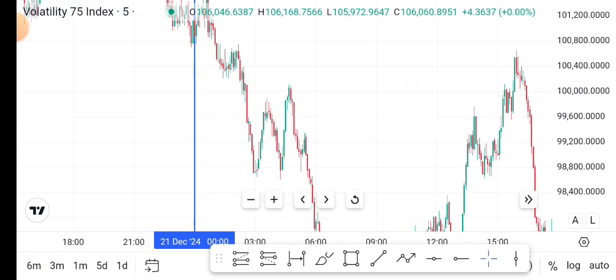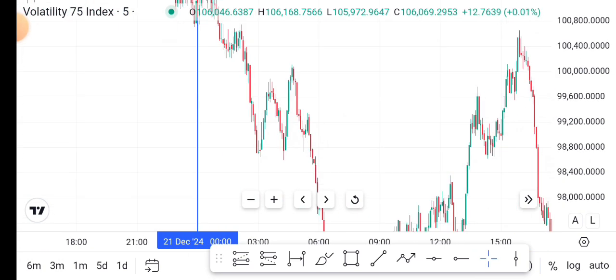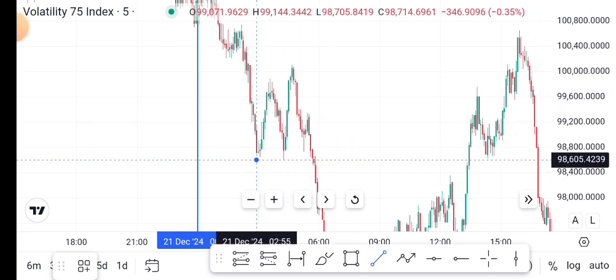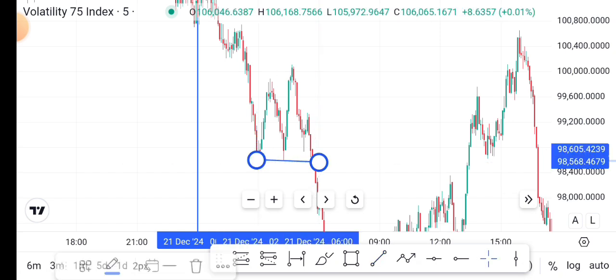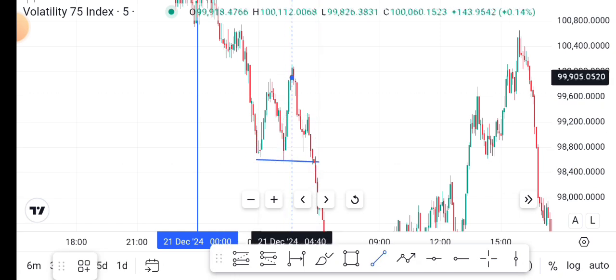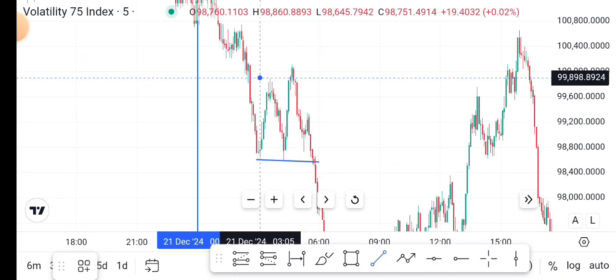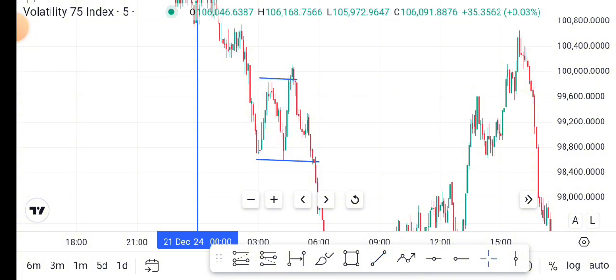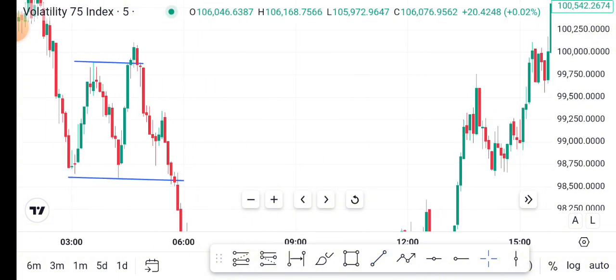We see that the market here started making the high. We broke this low here, we broke this low, and then we wait. They break this high here. It was broken out, and then we try to find our order block in M5.